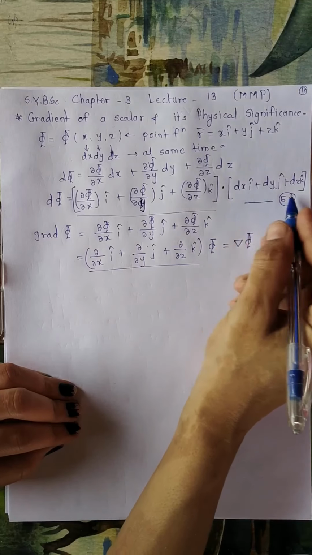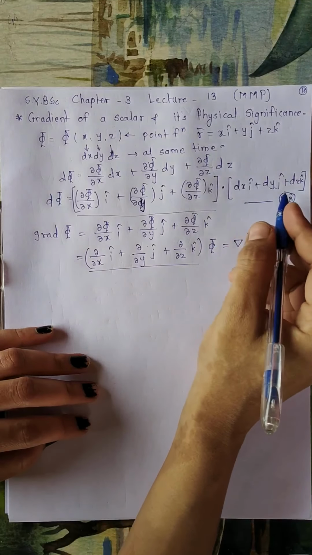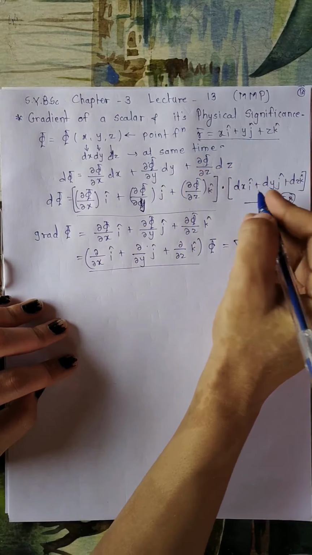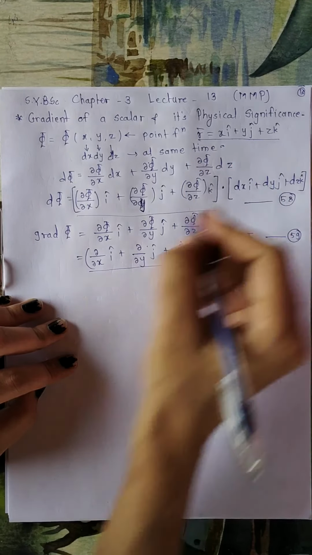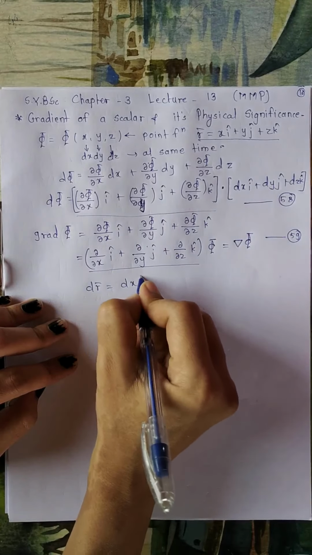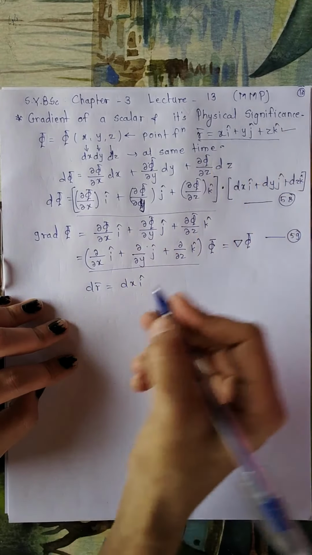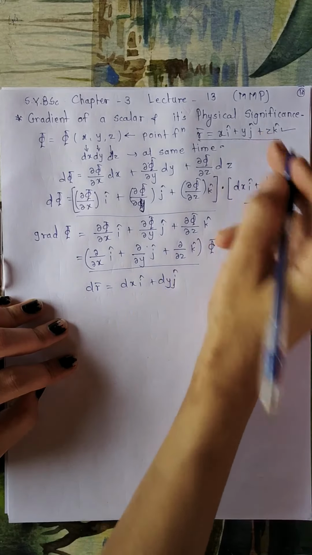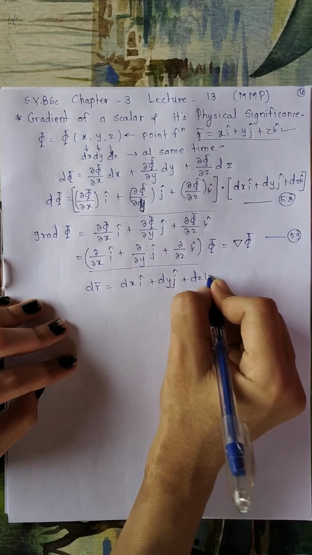And this second bracket is nothing but the derivative of r. This is our r, and this second bracket is simply dr bar, which is dx i cap, we are taking the derivative of this quantity, plus dy j cap, and last will be dz k cap.